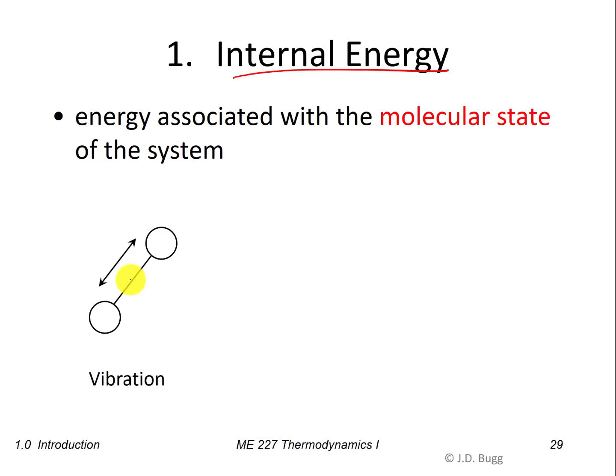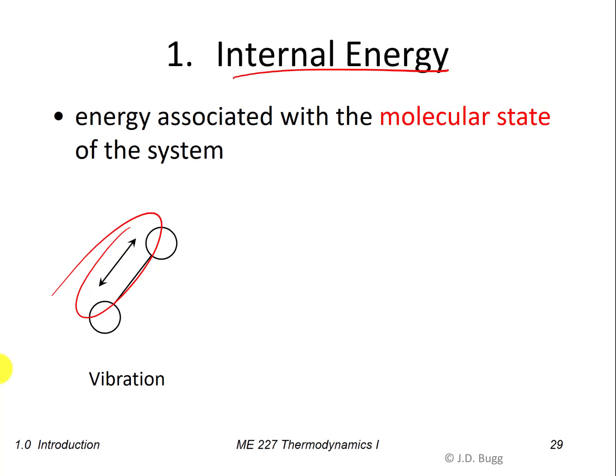So if we add energy to a substance that is made up of diatomic molecules, it's got a few different ways that it can store that energy internally. One of those is by vibration. So these two atoms might be vibrating, in other words, moving closer together and farther apart at some particular frequency, and they store energy by doing that.